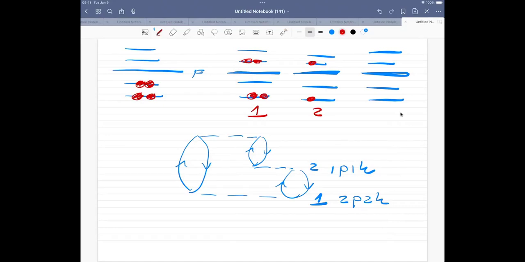But then I get a new particle-hole excitation, and we could think of this one being excited up here. No, sorry, not like that. Not that one. Let me bring it back here. So this one gets excited up there. And then if we go to the final one, which we mark as a 3, which is a 2-particle, 2-hole de-excitation, then the system is brought back again to where it was.